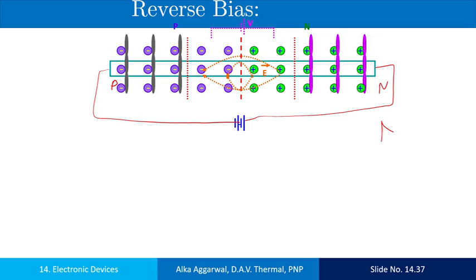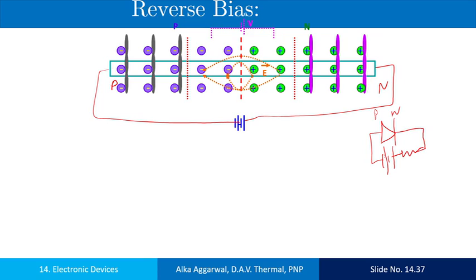In terms of the symbols, it is P, it is N. P is connected with the negative terminal and N is connected with the positive terminal of the battery. So it is a circuit diagram.